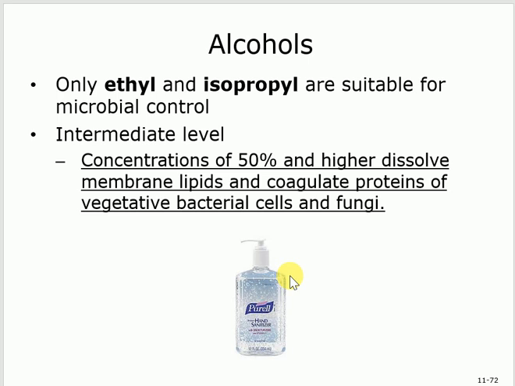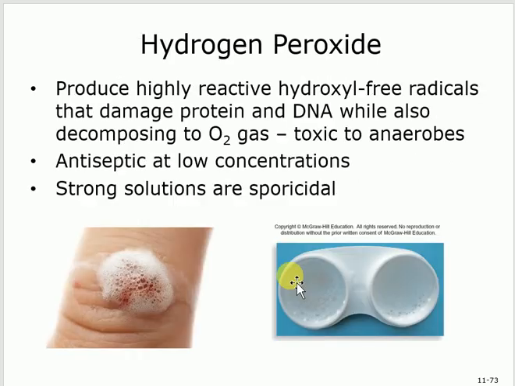This is one of the cards that you're going to make. Put chlorine on one side, how does it work? Alcohol on one side, how does it work? Phenolic, how does it work? So alcohol at a concentration of 50% or more dissolves the lipids and denatures the proteins. This is how it works at 50% or more.